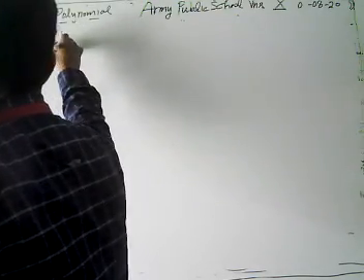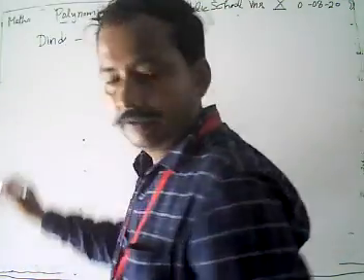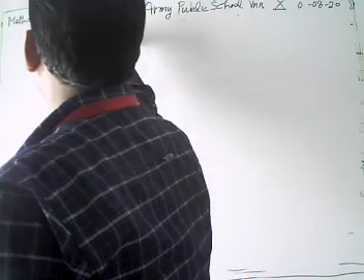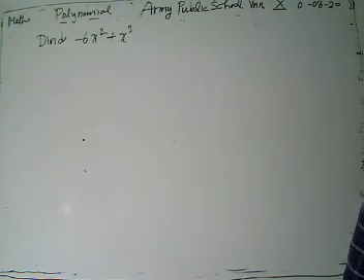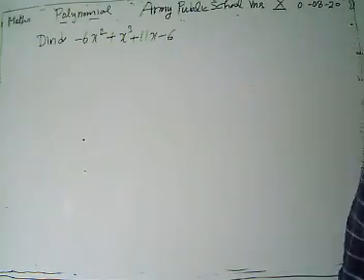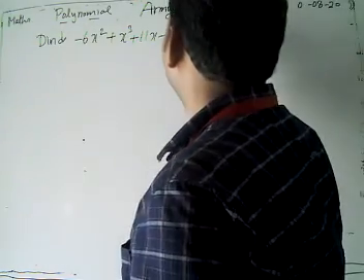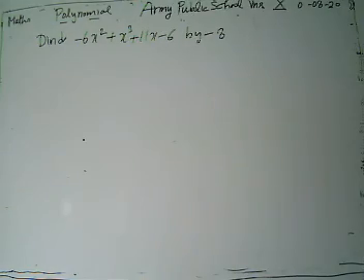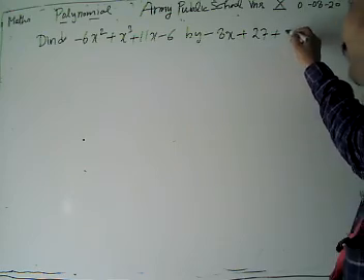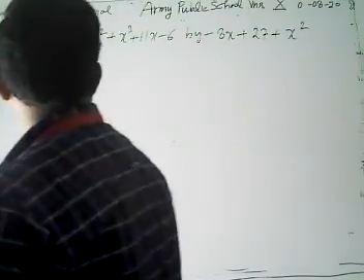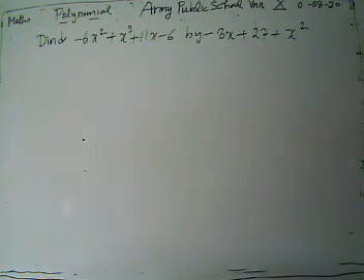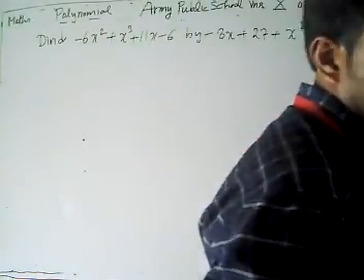Divide minus 6x square plus x cube plus 11x minus 6 by minus 8x plus 27 plus x square, and then we have here what we have?